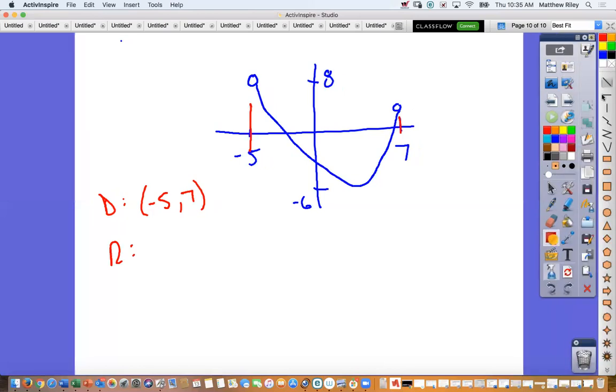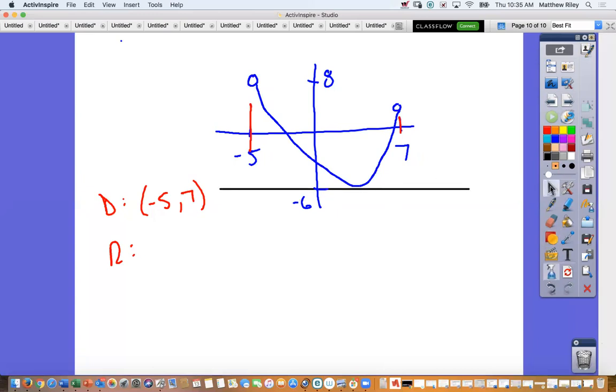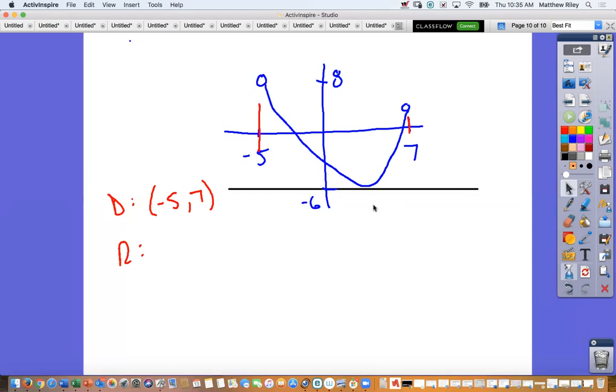I'm going to get out a straight line here, and I'm going to move this just a little bit. So, by the way, my range, and that was supposed to actually hit -6. So let's say it hits -6 right here. Do I see any indicators showing me that that's open? Kind of a rhetorical question. There's no open dot, so the lowest value we have here is -6.